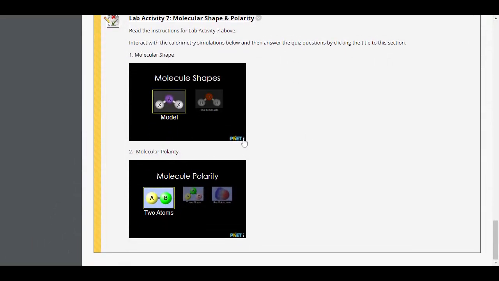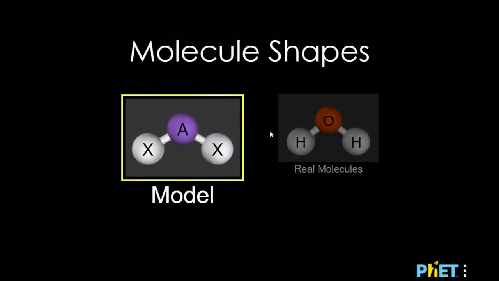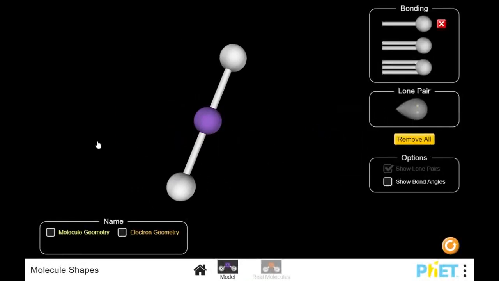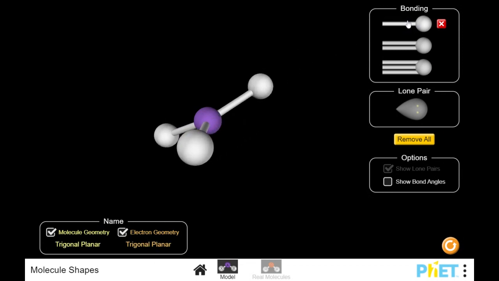If we go to molecular shapes, and if I click here, I should be able to make it go full screen. There you go. We have the option of using little models or going and using real models. Okay, so if I click here, it will tell me what the geometry is. It's linear. And I can, by clicking up here, add.